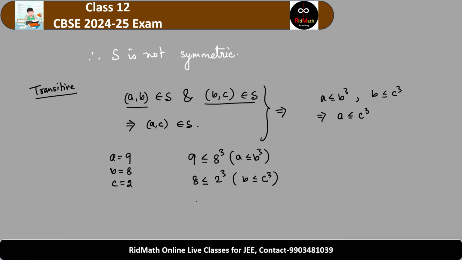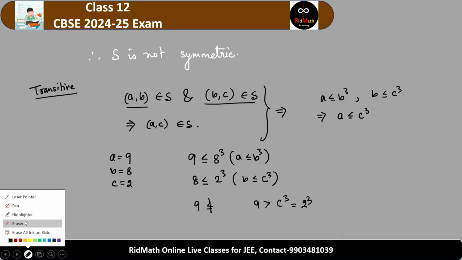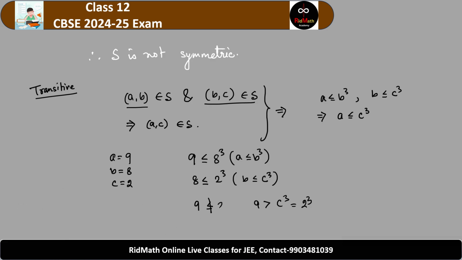Now observe that 9 is not less than or equal to c cube, which is in fact 2 cube. So a is greater than c cube.